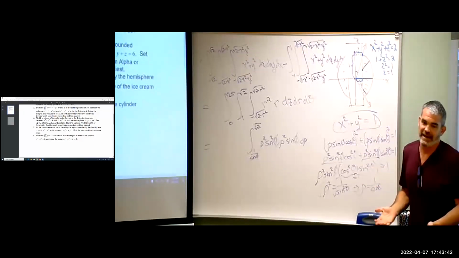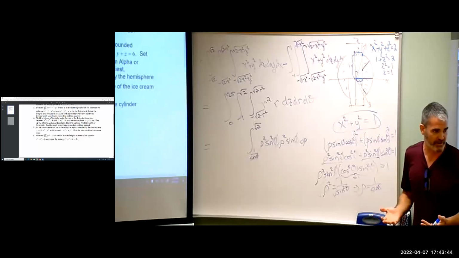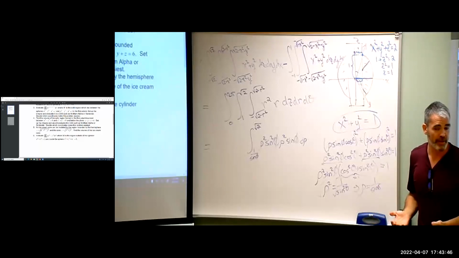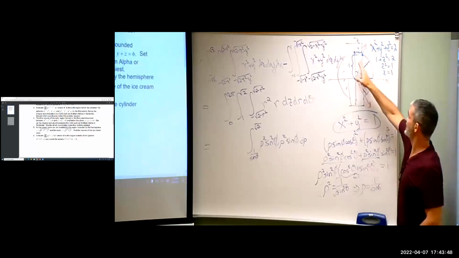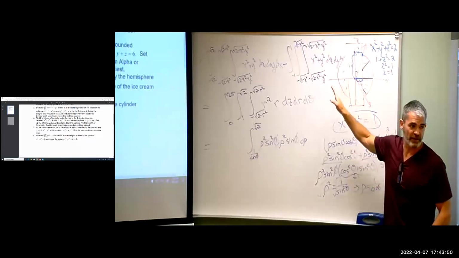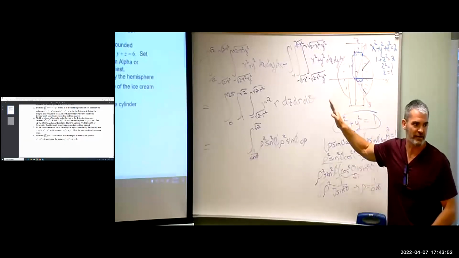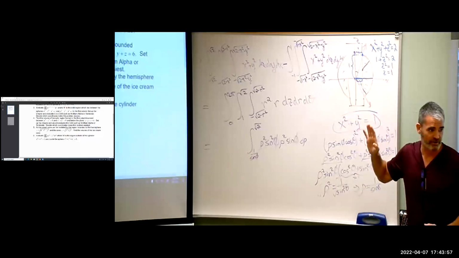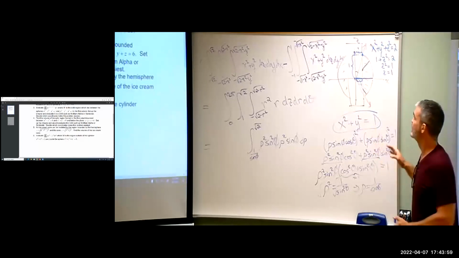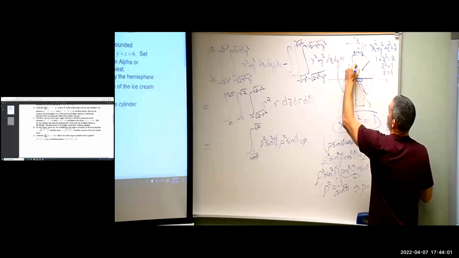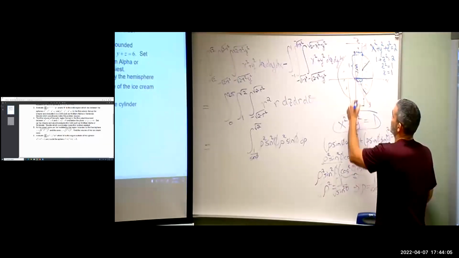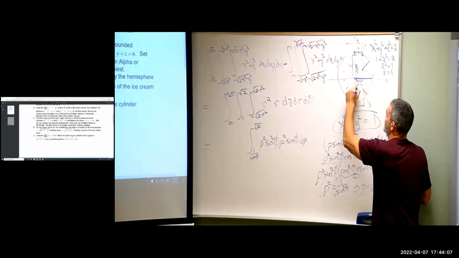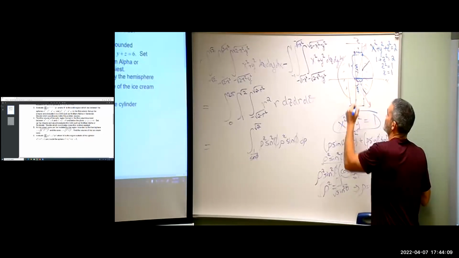Tangent of theta equals 1 means theta is once again a 45-degree angle. But I just want you to see how we could have done it if it was some non-standard angle. We can do it for any situation. It's just an intersection of two surfaces, which makes this angle once again pi over 4, and this angle also pi over 4.